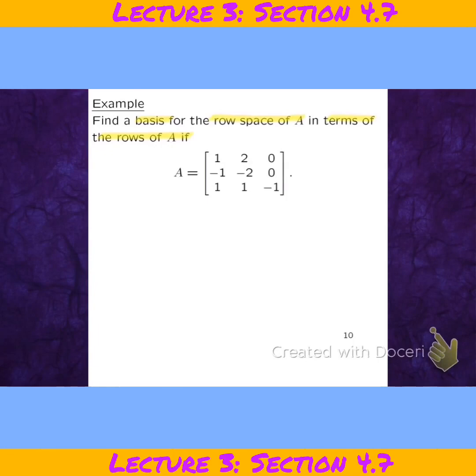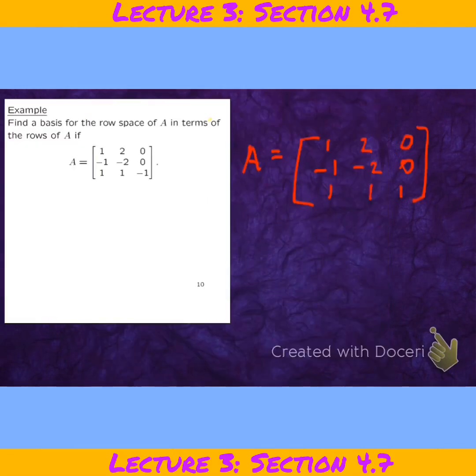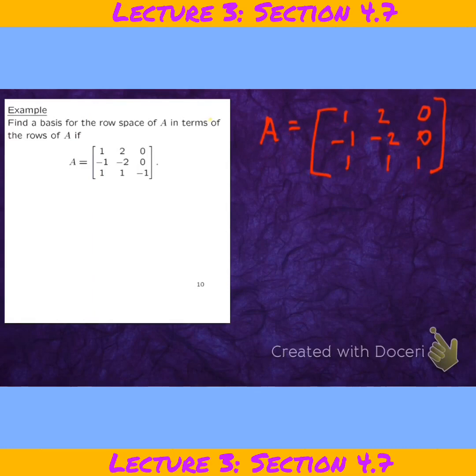We actually want to physically use the rows of A. So we're going to use the transpose of the matrix A. All right, so there we've got the matrix A, and there's the transpose.